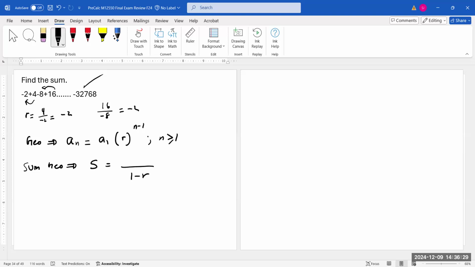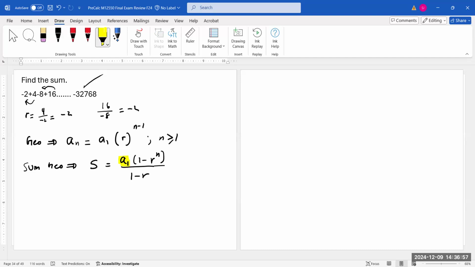On the bottom, we have 1 minus r, and then on top we have 1 minus r to the n, and we have the first term. Yeah, I got it. Okay, so this is the formula for the sum. We have everything except for one thing.